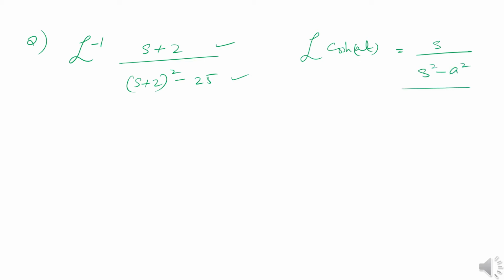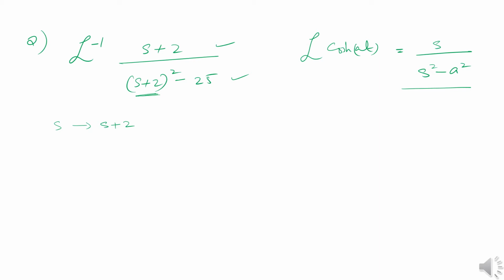Now we can compare this and see that here it is s plus 2 and there it is s. So we will use the change of scale property here, that s is changing to s plus 2. What does it mean?